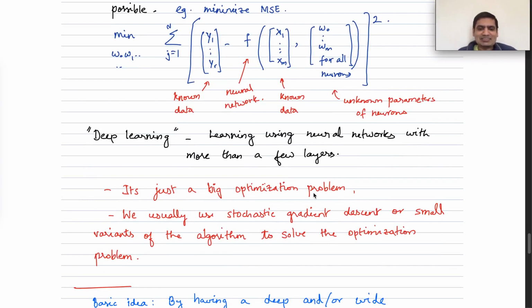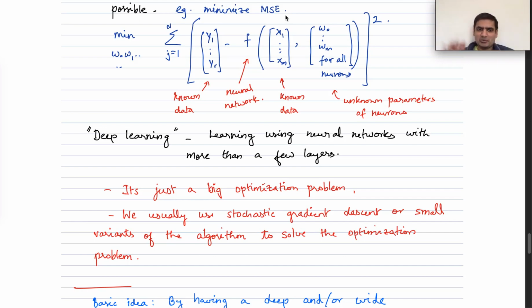Okay, so anyway, it's just a big optimization problem, trying to minimize, say, the mean squared error or potentially some other loss function like the logistic loss function or cross entropy loss function that we've used for classification problems. So in fact, those two are the big two loss functions. We would either minimize mean squared error or we would minimize the softmax or cross entropy or logistic loss function that we've used in binary or multi-class logistic regression.